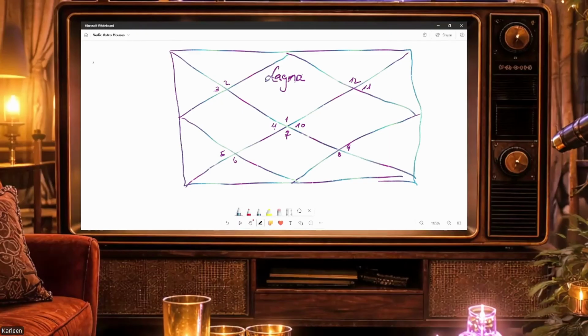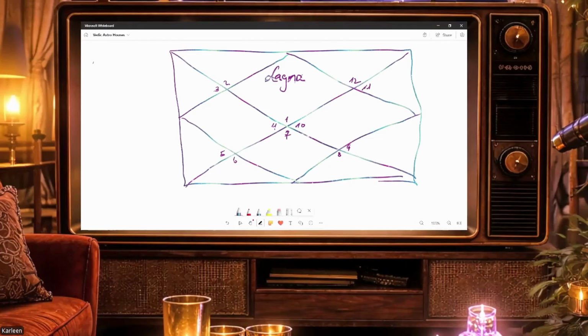Okay, so the Lagna determines your looks, what you look like. It determines your features. It determines your physical body, your appearance, your personality, your vitality, your complexion, your life direction. And the Lord or the ruler of this house becomes one of the most important planets in the entire chart.